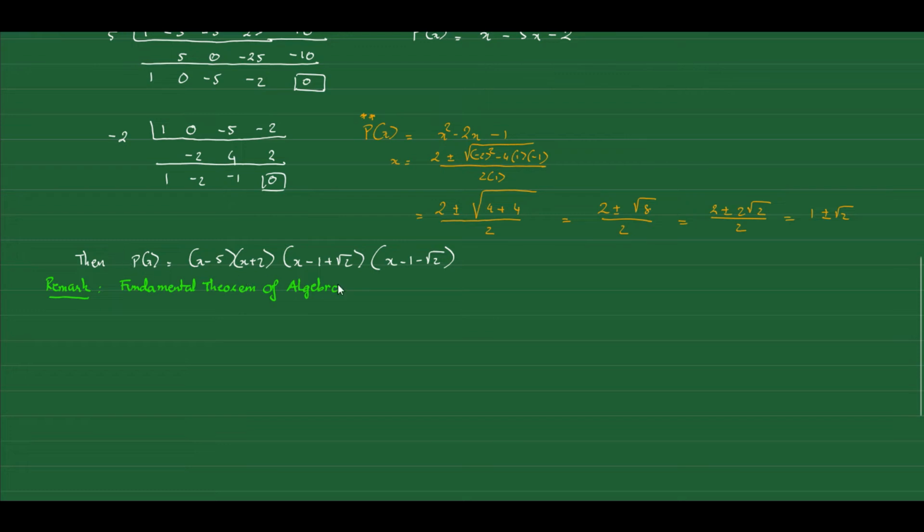This theorem states that if the polynomial has degree of 1 or more, then it has at least one complex zero.